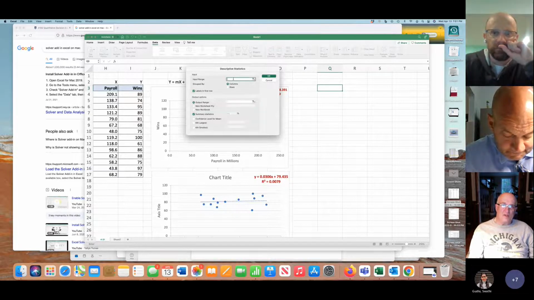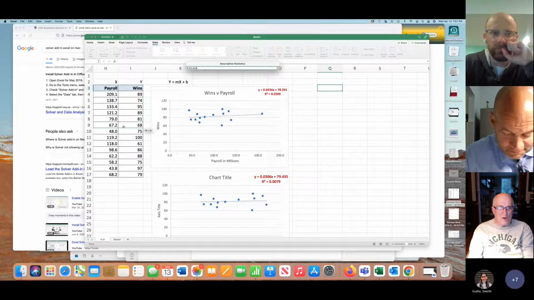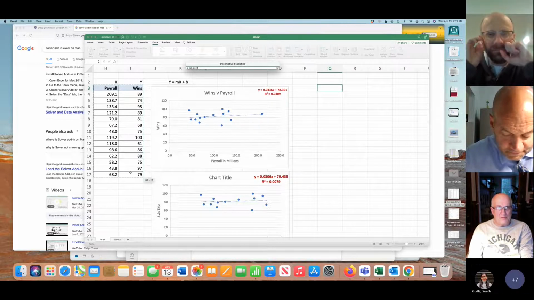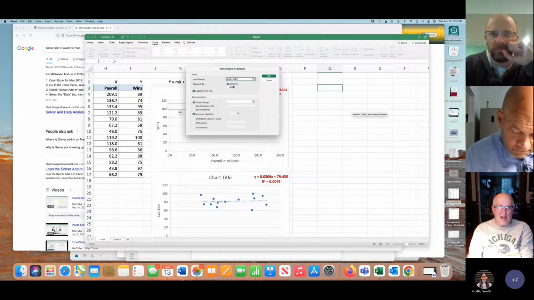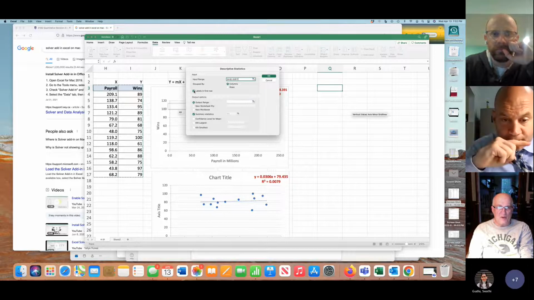I go here where it says Input Range, and I can't make these pop-up windows any bigger, sorry. I click on payroll and wins, and I do the whole shebang. Copy all the data. And I'm going to tell it my data is in columns. So I have 2 columns, 2 sets of data. And I click on Labels in First Row because I did put payroll and wins.